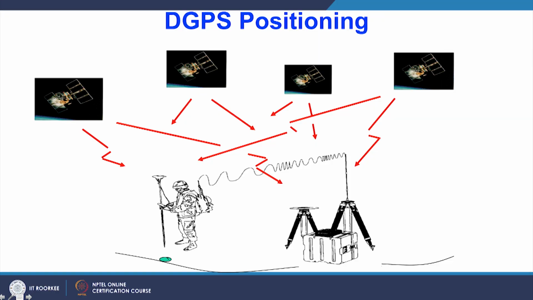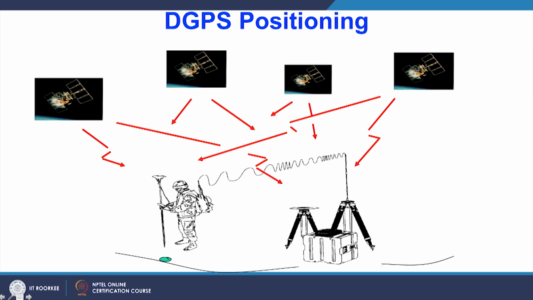You can see here that there is a reference receiver which is placed on a point whose position is known, and this is the rover receiver, and this is a radio communication connected with the reference receiver. The basic idea is that the errors available at the reference will also be the same at the rover receiver.